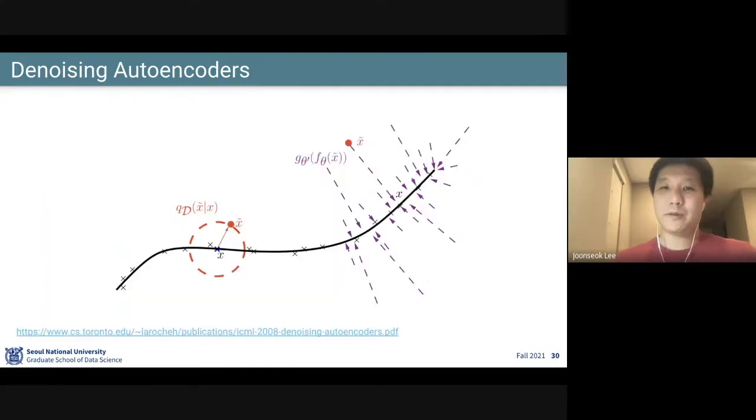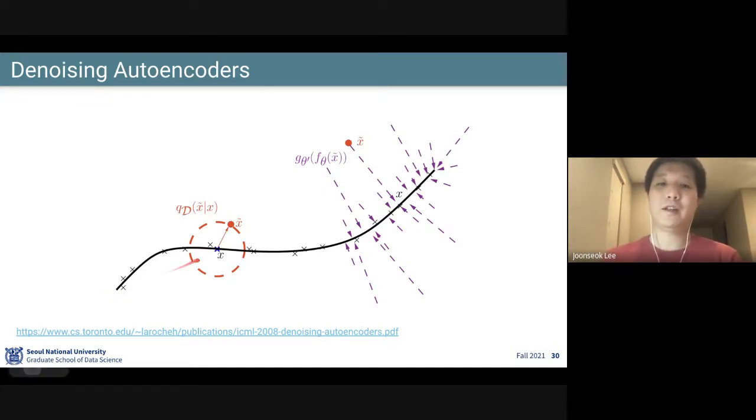Why does that work? This picture is from the paper to explain that. Suppose this black line represents the semantics, where each image can be anywhere in this two-dimensional space, but only on this black line do we humans perceive it as a plausible image.